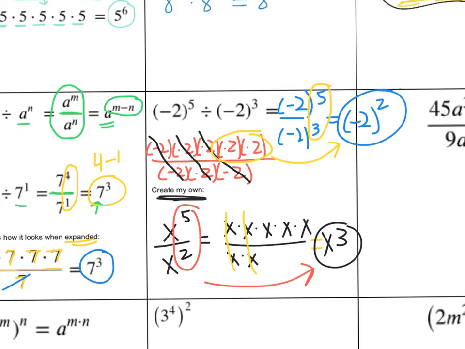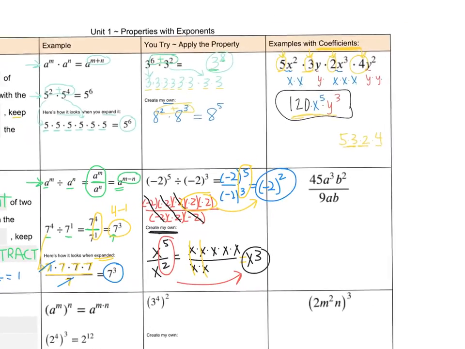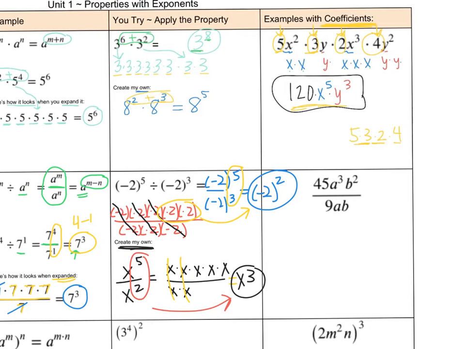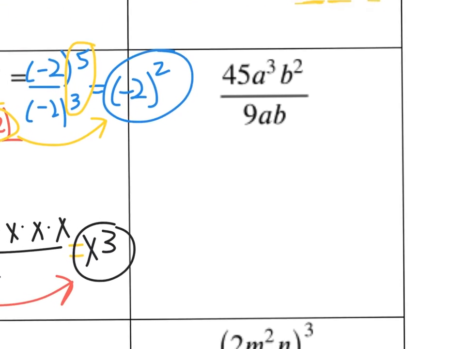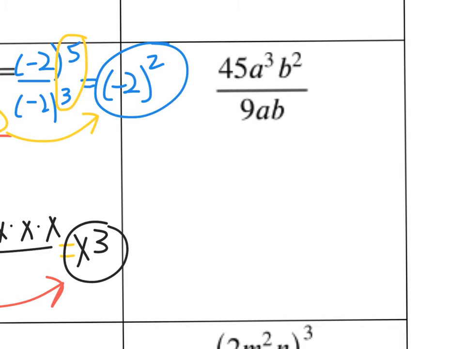And then moving to the last column, this is where it gets a little more challenging. We have examples with coefficients. The coefficients, again, are the numbers that are out front. So in this example, 45 is a coefficient, and so is 9.